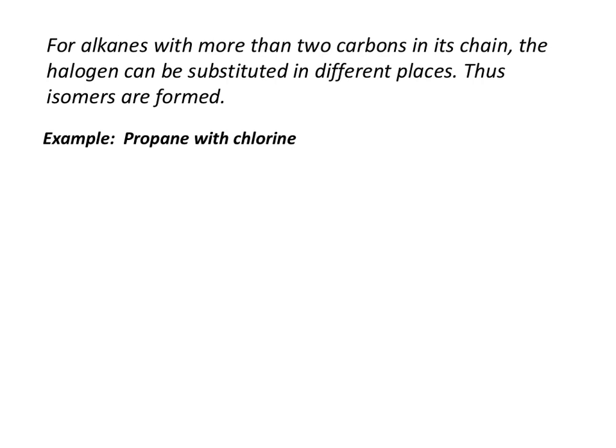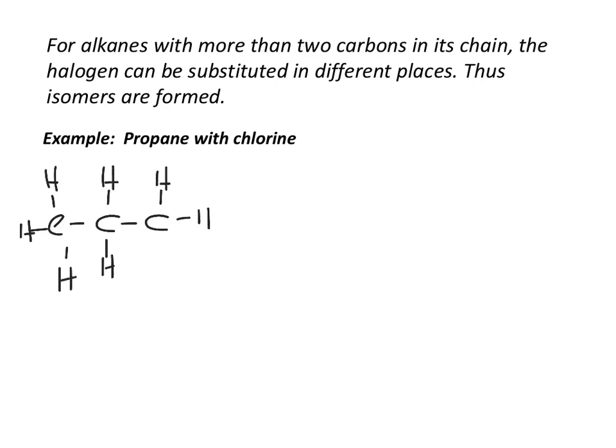So how are we going to know what that major product will be? Well, it's fairly straightforward. So if we look at propane, 1, 2, 3, propane, with chlorine. Okay, so we have choices here. Either one of the middle hydrogens are going to come off, or one of the end carbons.